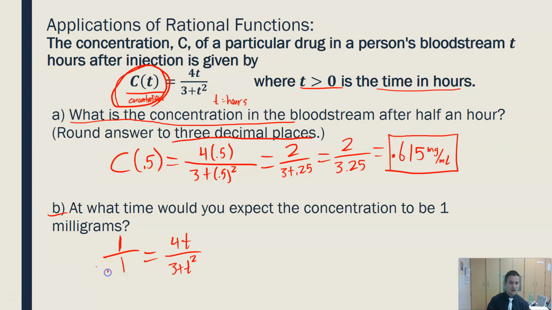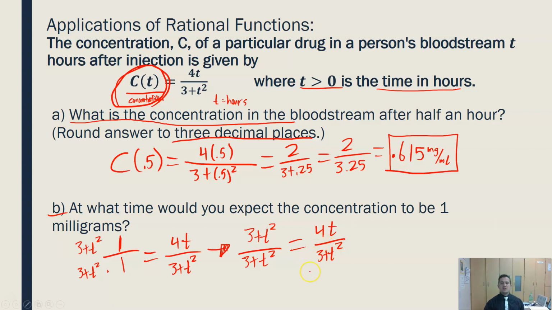I need to multiply by 3 plus t squared on the bottom and 3 plus t squared on the top, which would mean I would have 3 plus t squared on the top and 3 plus t squared on the bottom equals 4t over 3 plus t squared. So that's one way I could go about setting up this equation, because then I could ignore the bottoms and just focus on the tops. 3 plus t squared equals 4t.